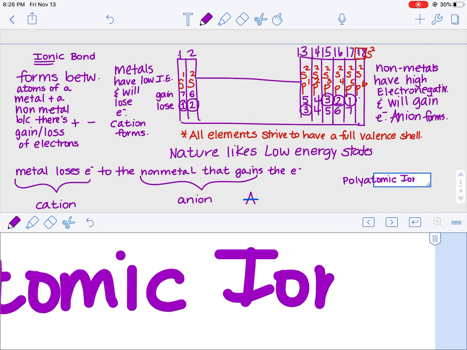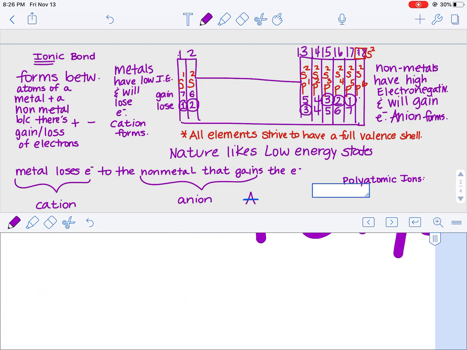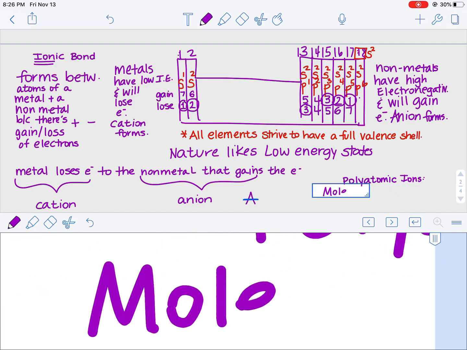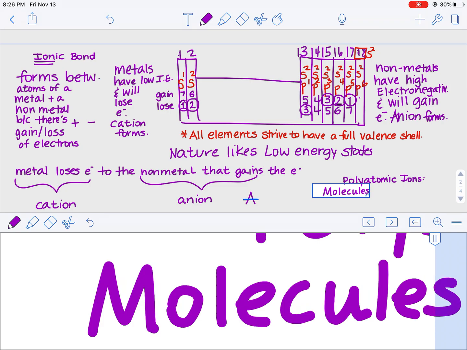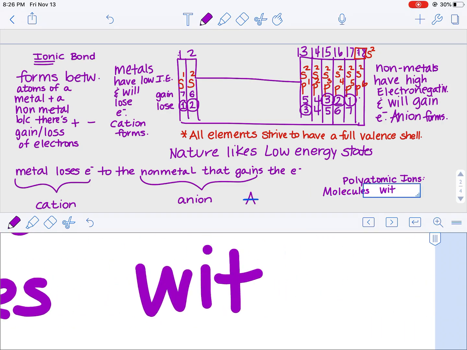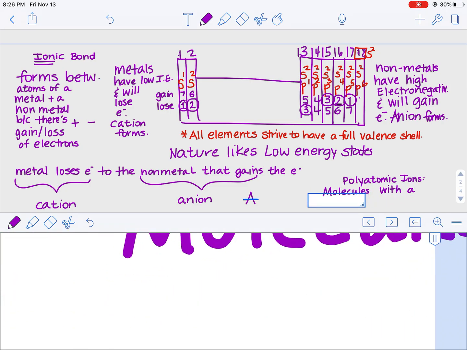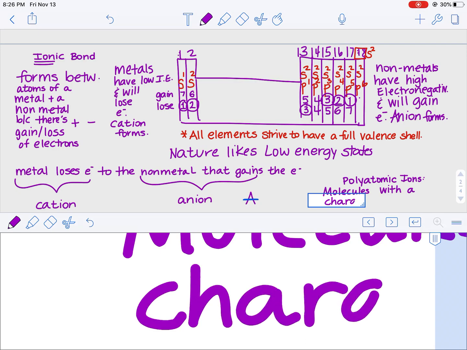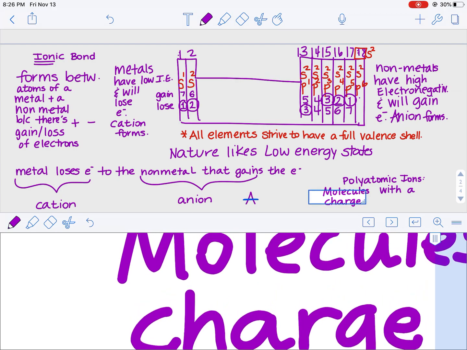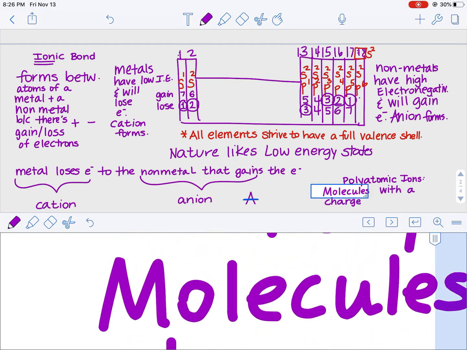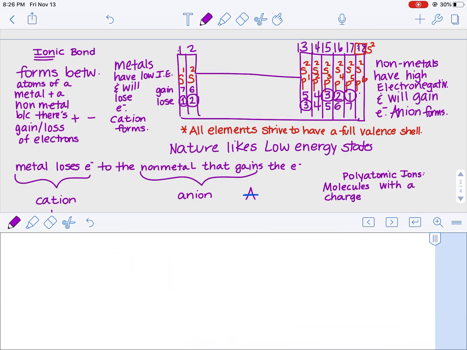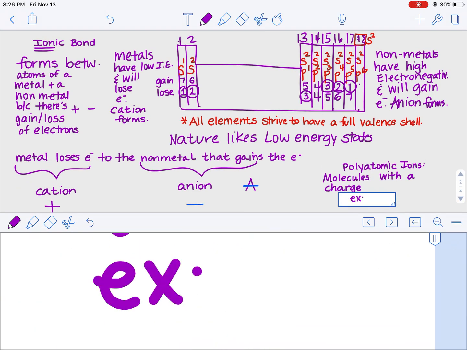Polyatomic ions are molecules with a charge. We just learned a few minutes ago that molecules implies that the atoms are held together with covalent bonds. However, collectively, the grouping of them has either gained or lost electrons.